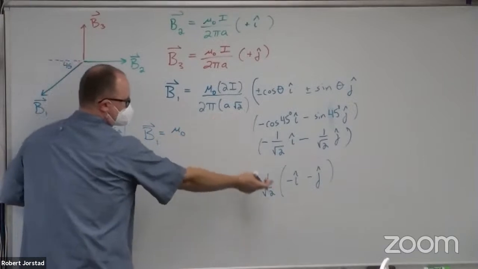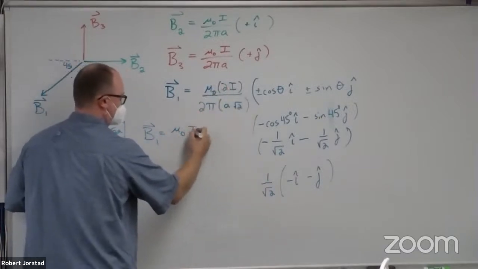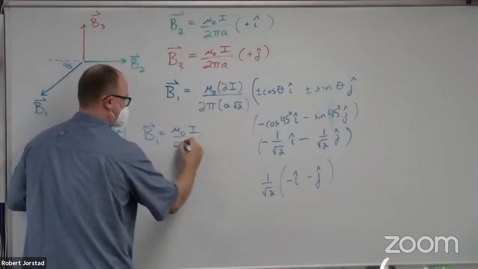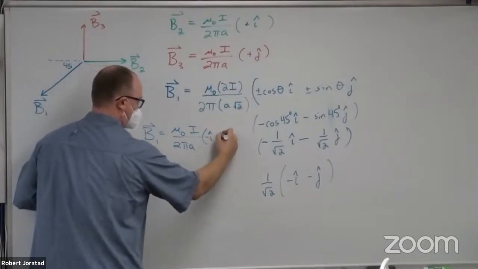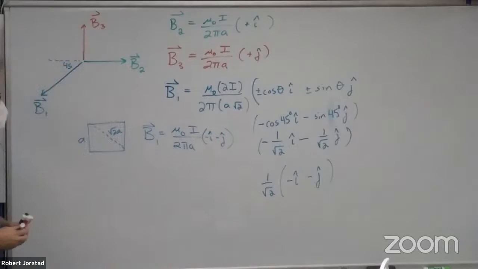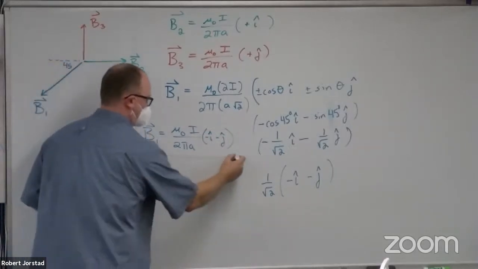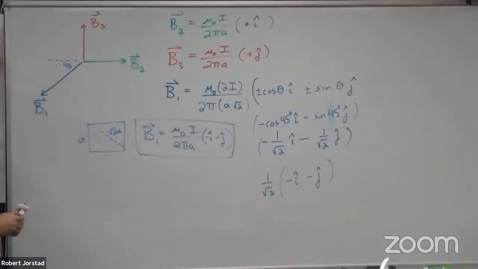The root 2's combine to cancel this. So that's B1. What do you get when you add these three up? 0. So this one is 0.